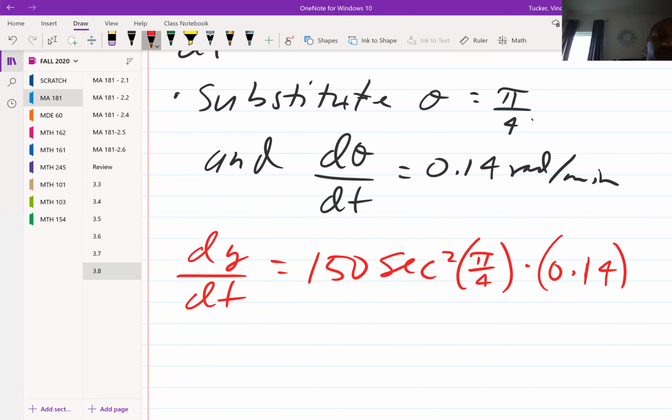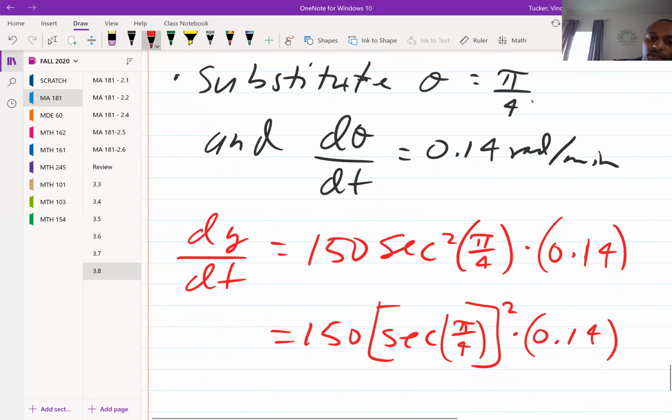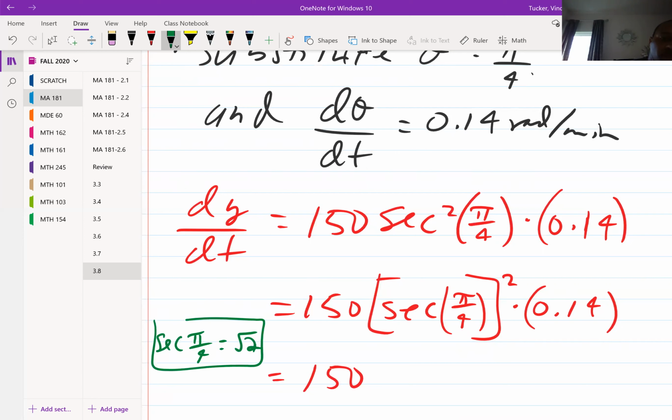Let me rewrite this just to make sure we're clear. Secant squared theta is the same thing as secant theta squared, just a notation thing. So secant of pi over 4 is the square root of 2.